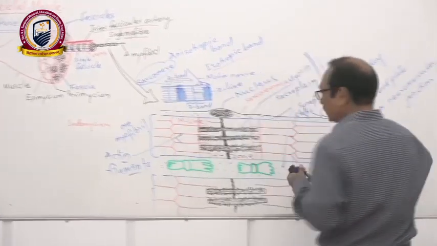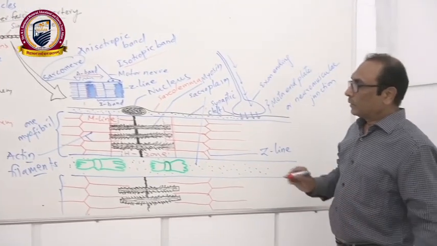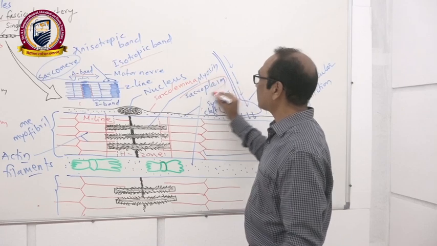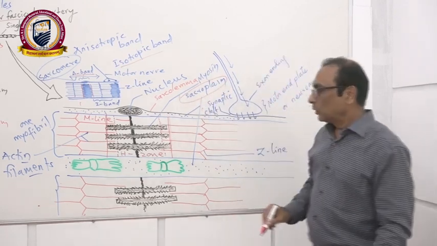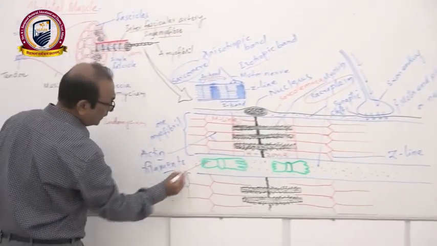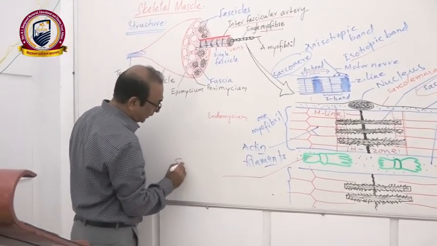Now the cytoplasm of the muscle cell is called the sarcoplasm. In the sarcoplasm, you find modified endoplasmic reticuli, and they are called sarcoplasmic reticuli.